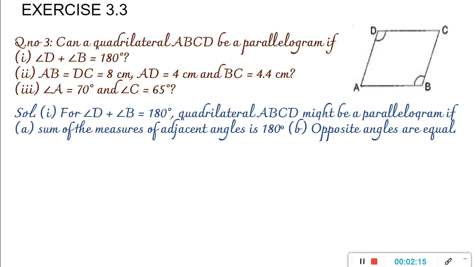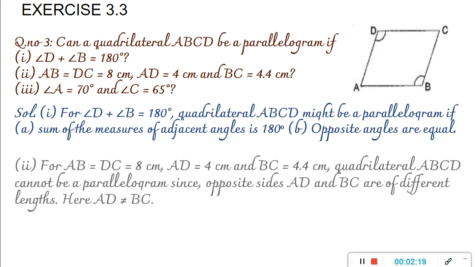Here it is given the opposite sides. AB is equal to DC, that is 8 centimeters each, and AD is 4 centimeters and BC is 4.4 centimeters. So here no, because AD and BC are opposite sides.